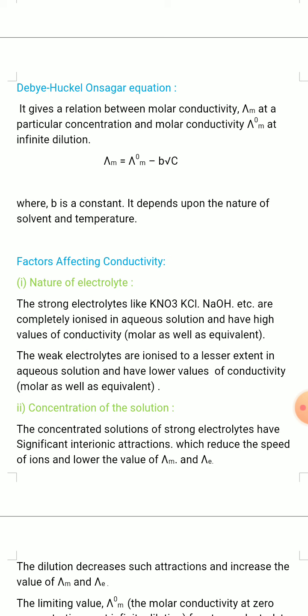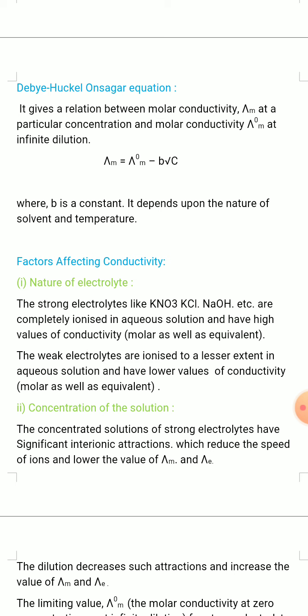And how lambda m varies from lambda 0 m: molar conductivity at any particular concentration is equal to molar conductivity at zero concentration, that is lambda 0 m, minus b root c, where c is the concentration of solution.